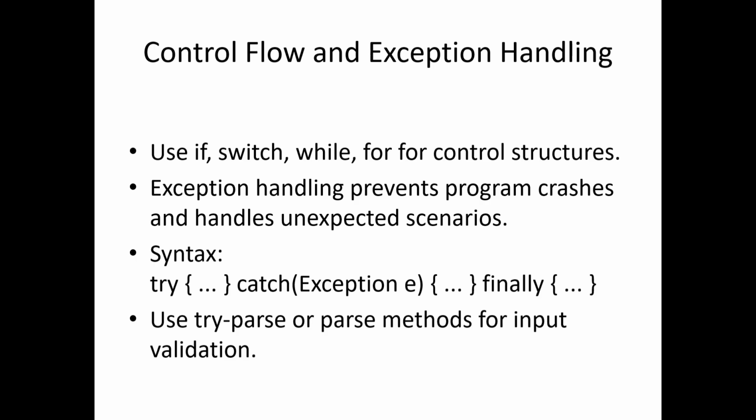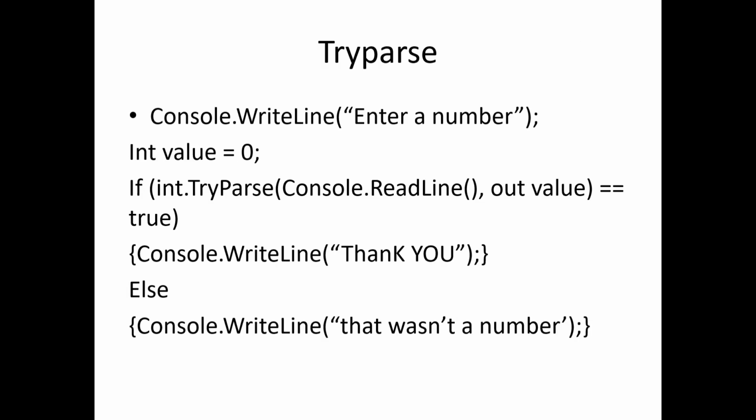We can also use TryParse or Parse methods for input validation, like this. This is the syntax of TryParse. We have asked the user to enter a number and we have initialized the variable named value as 0. We have mentioned a condition: int.TryParse(Console.ReadLine(), out value) is equal to true.